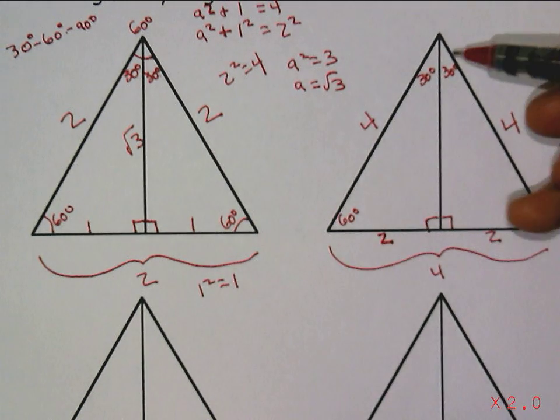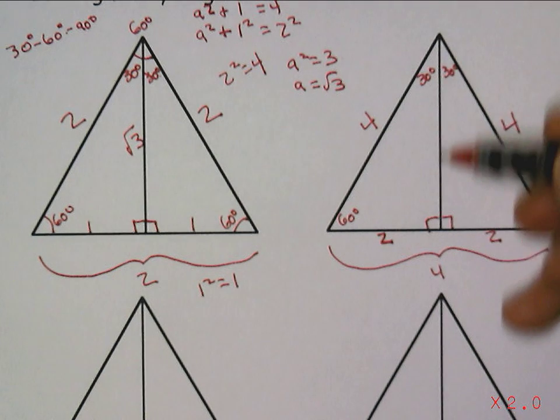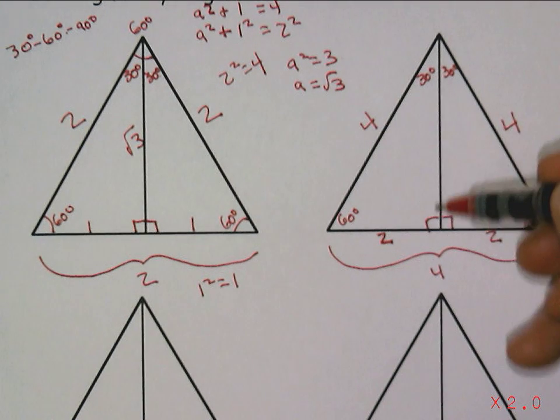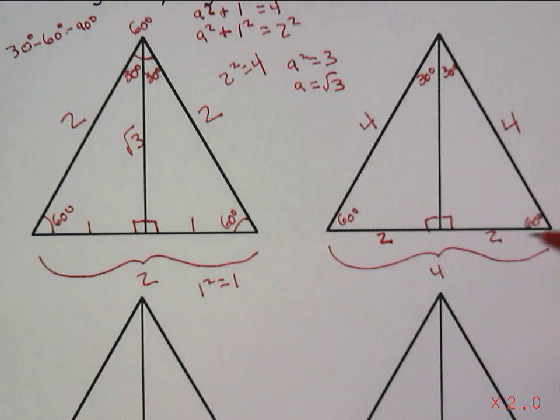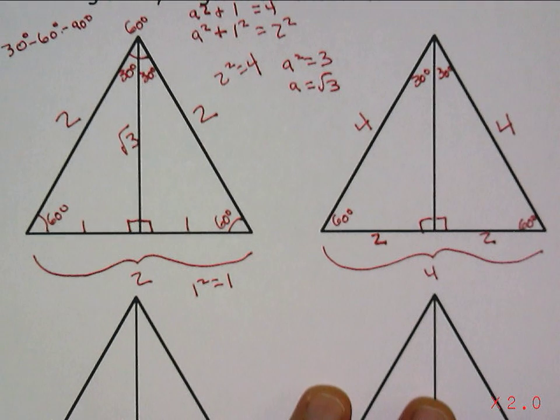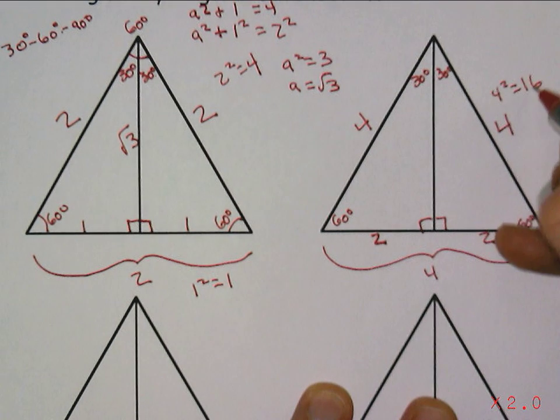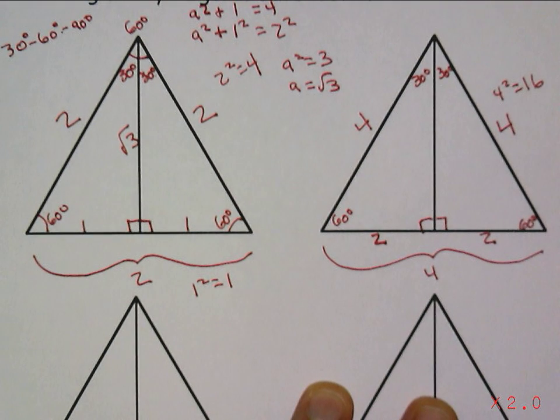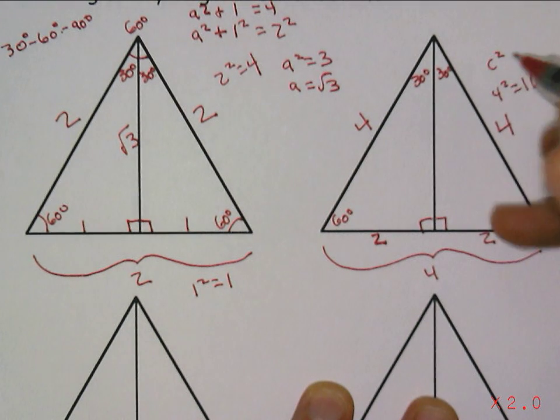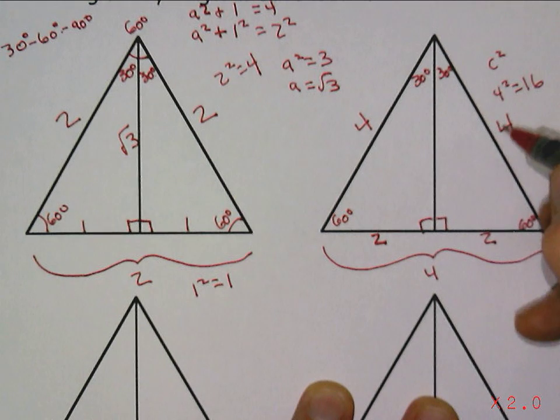And then when I go to find the length of this other leg, we have a hypotenuse and a leg. And again, I use the Pythagorean theorem backwards. So I'd say 4 squared is 16 for the area of the square out here, the c squared, if you think of it that way. So we square this, it is c.